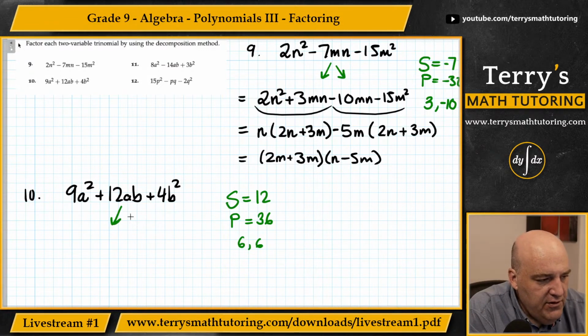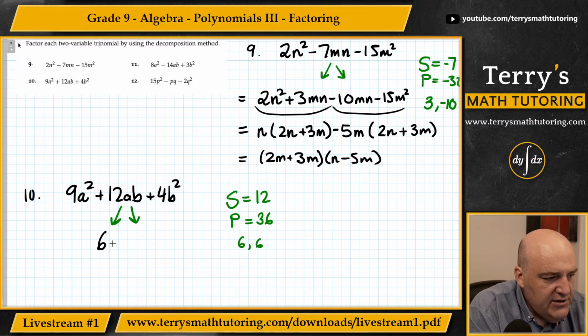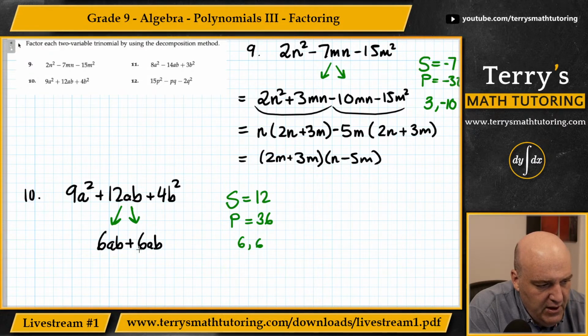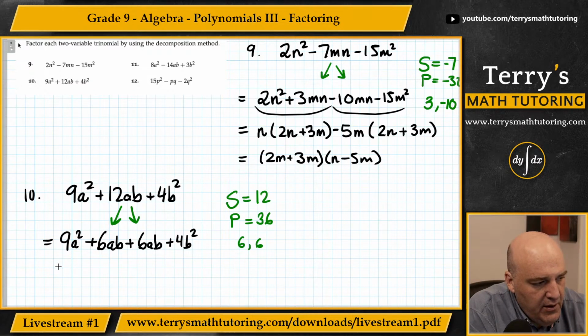So let's decompose this middle term using 6ab plus another 6ab. And I need a plus sign in front of that too. And then, like I was saying, these guys here just get recopied. And now let's do grouping. How about I not even write that? It looks messy.